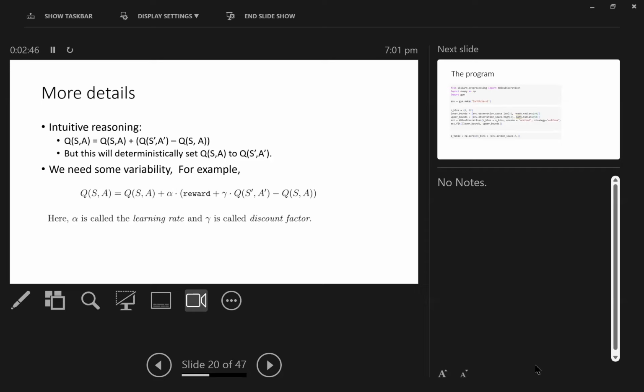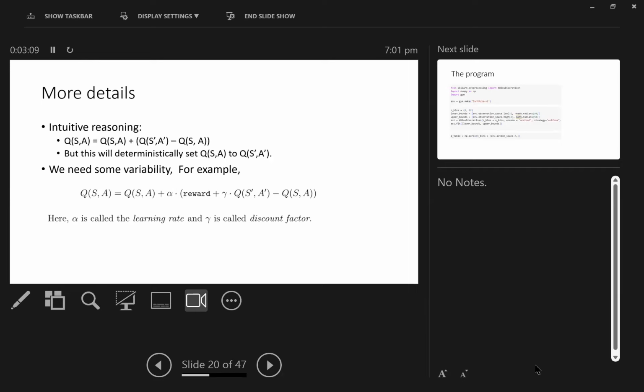We will continue our discussion on how to implement the Q learning for our code game. For Q learning, basically, the major data structure is the so-called Q table.